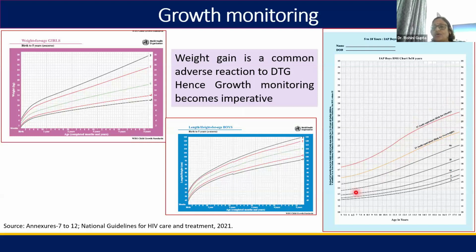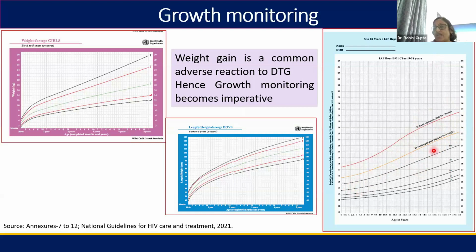So if the child is gaining weight and goes beyond this orange line or on this orange line, that means this weight gain is beyond what is in the healthy pattern, and this child is maybe gaining weight towards overweight and maybe because of DTG.